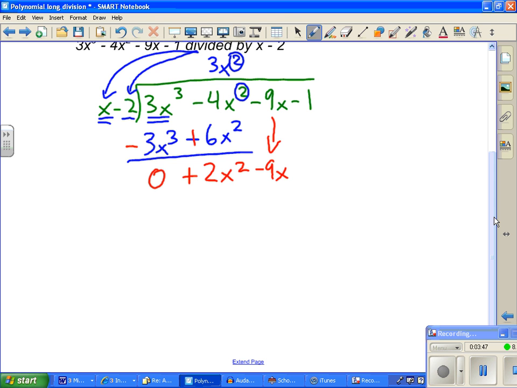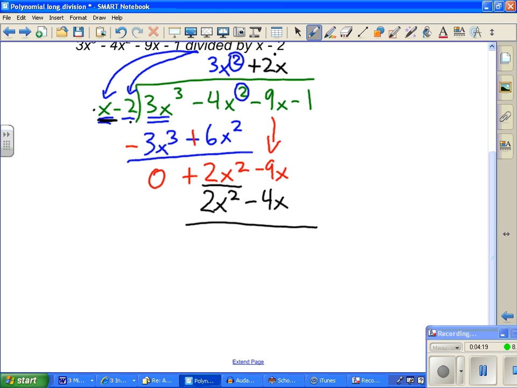Let's do that in black. What do I need to multiply x by to get 2x squared? Well, I need to multiply it by 2x. And now I distribute again, just like I did with the blue one. 2x times x is 2x squared, and 2x times negative 2 is negative 4x.